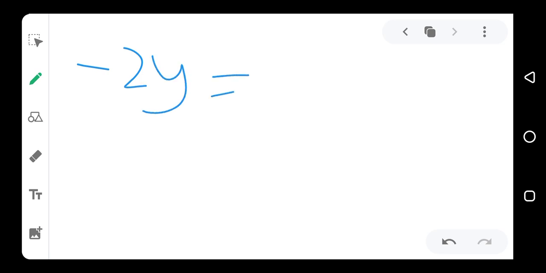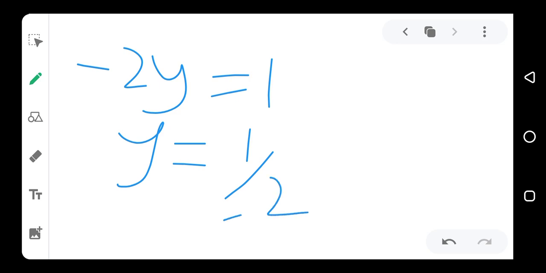And that means that y is equal to 1 over minus 2, which is the same thing that we got before. So this is equal to minus 1 over 2. That is the value of y that we got before.